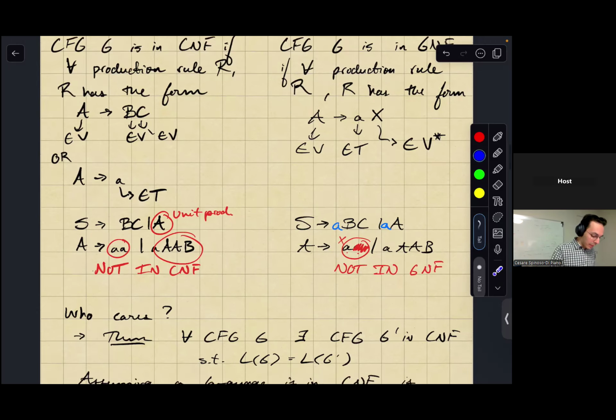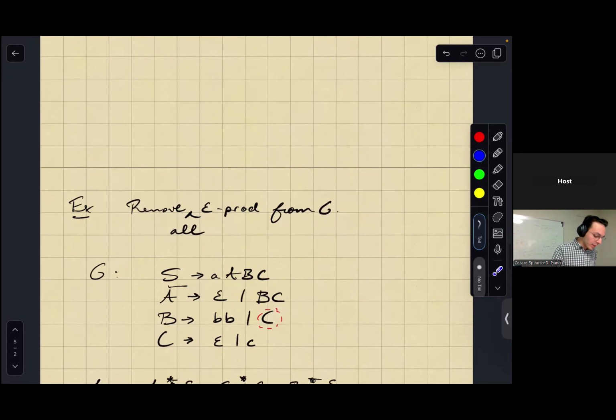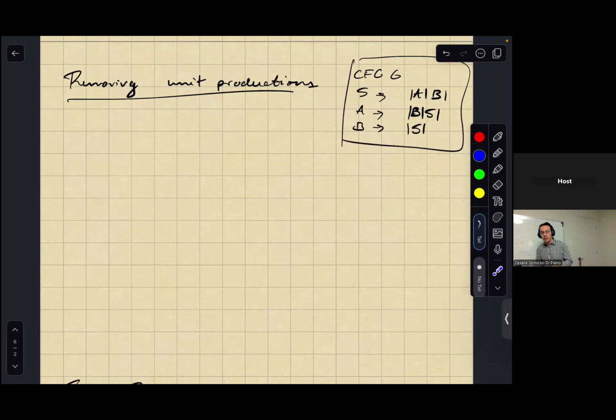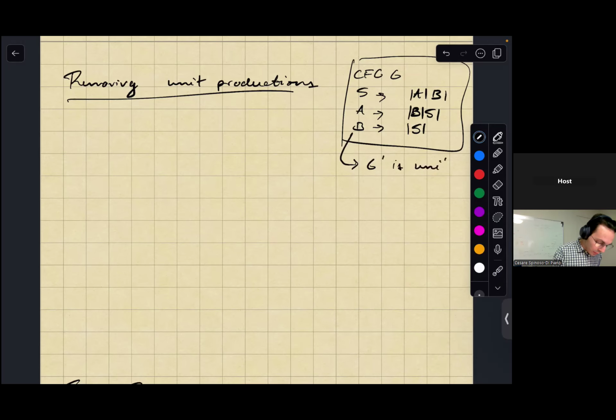Okay. And so this video's goal is just to show you how we can go from a context-free grammar G, which has unit productions, to one which doesn't, where of course G prime is without unit productions, and L of G is exactly equal to L of G prime.